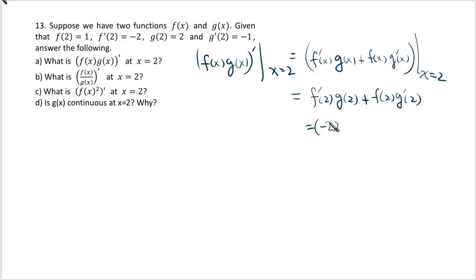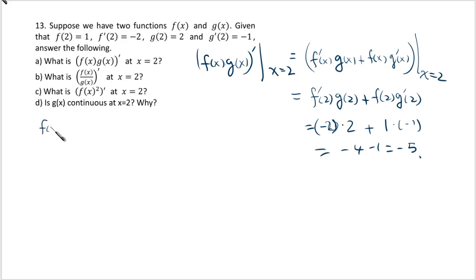So thankfully, although we don't know the function f of x, we're given the values, and that's just enough to solve this question. g of 2 is 2, f of 2 is 1, g prime of 2 is negative 1. So you end up with negative 4 minus 1, which is negative 5.